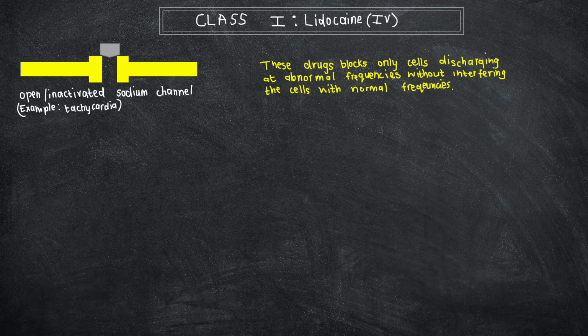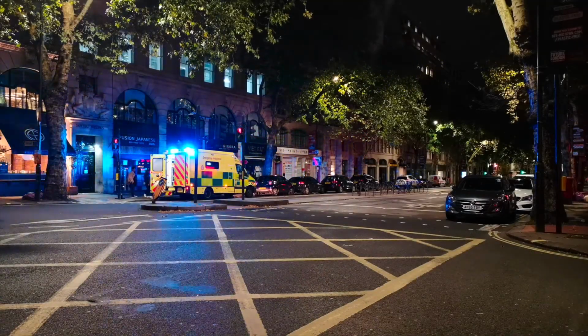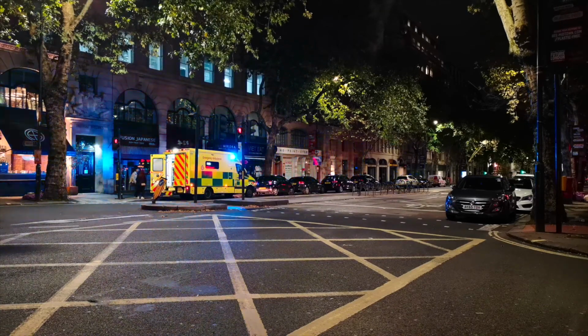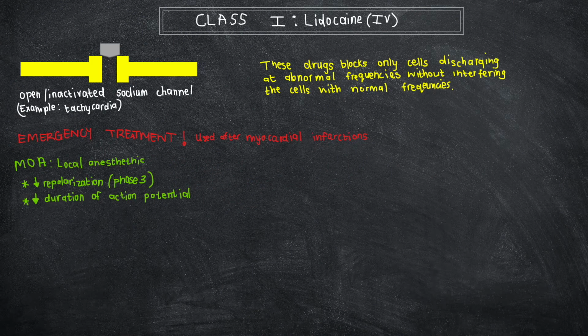So this is definitely the drug of choice in an emergency treatment, where cardiac arrhythmias, especially ventricular arrhythmias, occur due to myocardial ischemia after a heart attack. But it's also a local anesthetic. So if the name looks familiar to you, that's why. It focuses on shortening the repolarization in phase 3 and also decreasing the duration of the action potential.